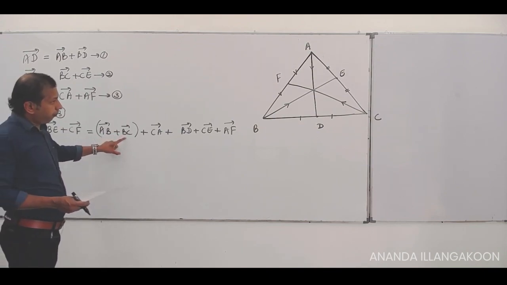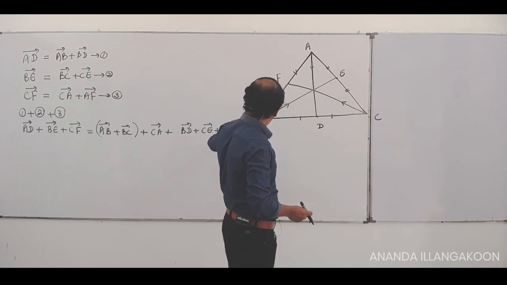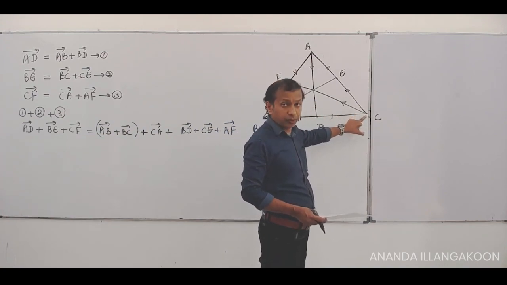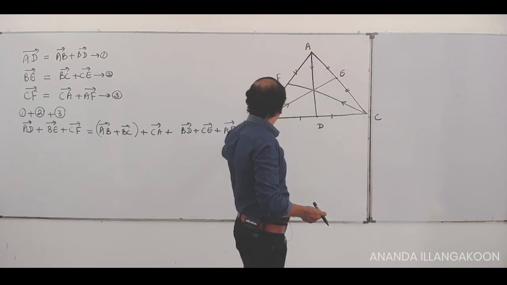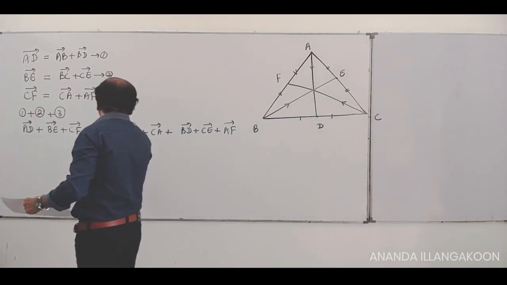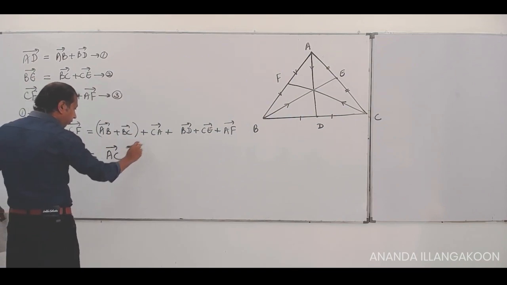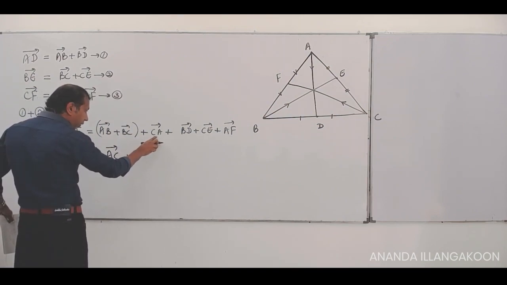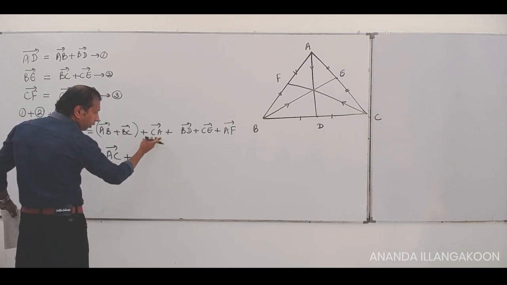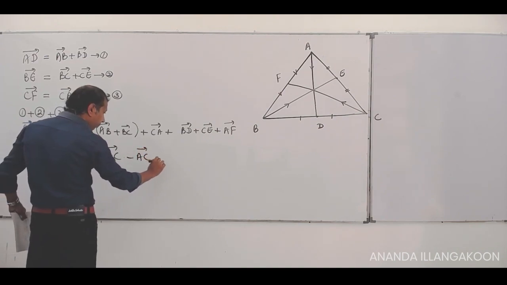AB vector plus BC vector is the AC vector. Here we have CA. CA, interchanging the order, is minus AC.